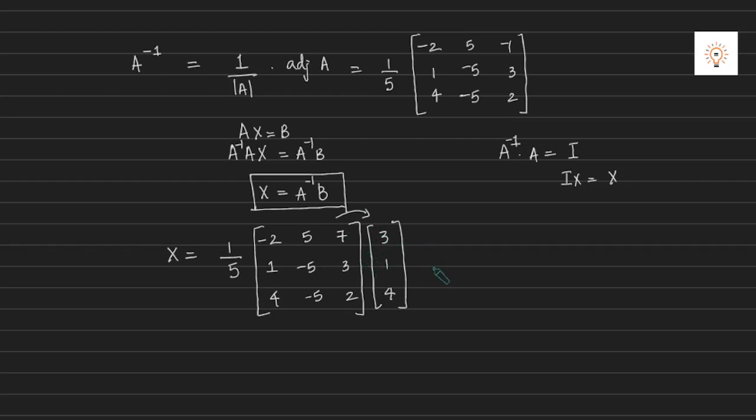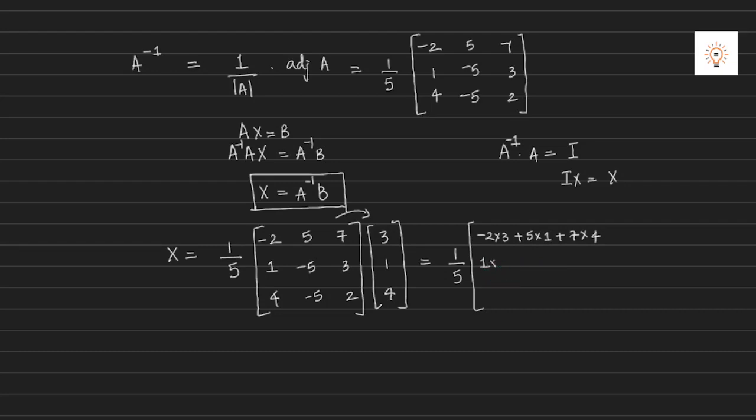So I have to just multiply the matrices A inverse and B. So I'll get -2 times 3 plus 5 times 1 plus -1 times 4 as the first term. So I'm going to multiply the first row with the first column. And the same thing with the second element there.